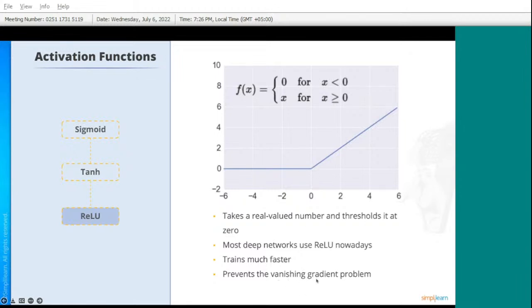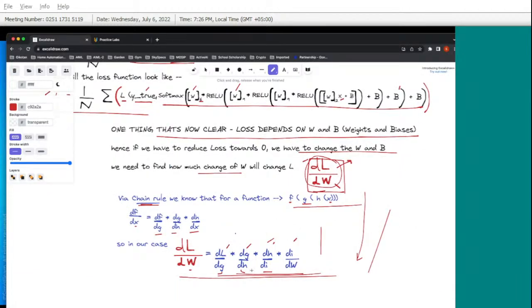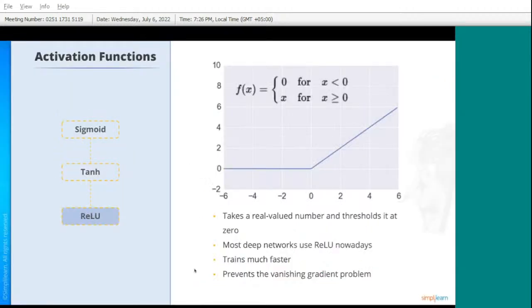This vanishing gradient problem reoccurs because one of the partial derivatives will become 0, which will make the gradient of the new weight 0 ultimately. So that is what we have to worry about.